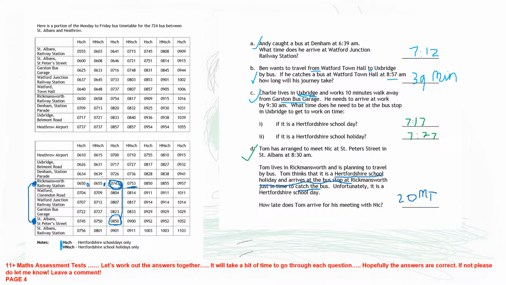If you do not agree, please leave a comment and we will look at it again. But I think this is the answer. He takes this bus because it is a Hertfordshire school day.